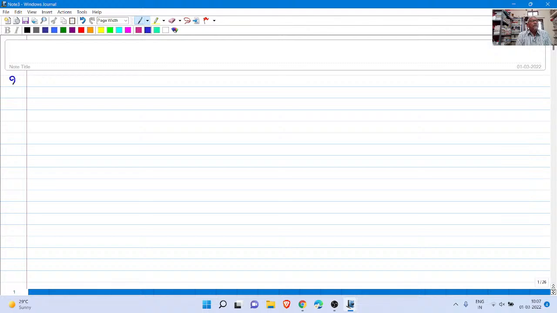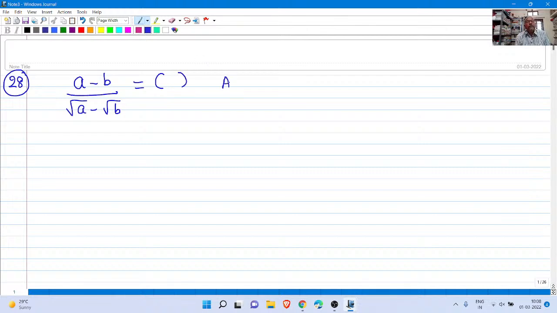Okay, 28th question. A minus B upon root A minus root B equals, it's also a very interesting question.